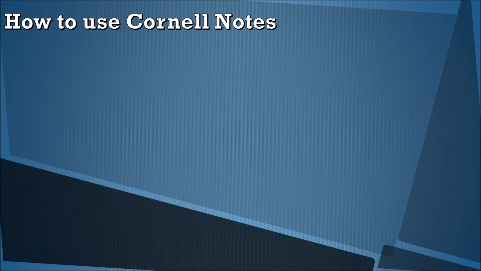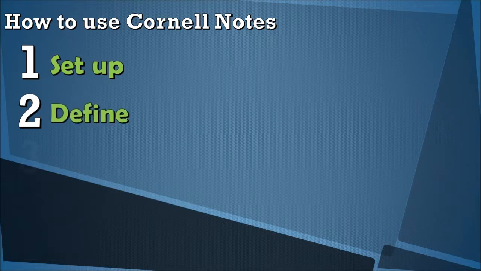Let's make sure you remember the 5 steps. This time, we will just see the picture and you can say each step out loud. What was the first step? Set up the pages with 3 lines. And the second step is define the topic. The third step is write down notes.